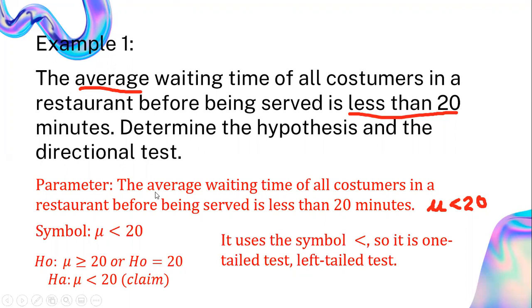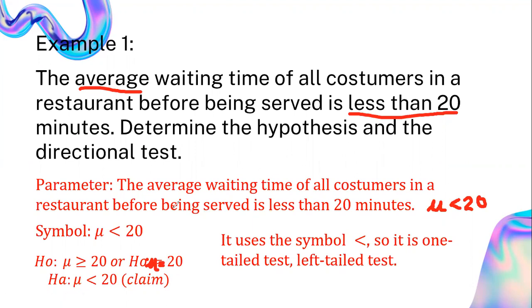Okay? Nawala po dito, nagkulang yung ating symbol. It should be H0: mu equals 20. So those are the different ways by which we can state your hypotheses.